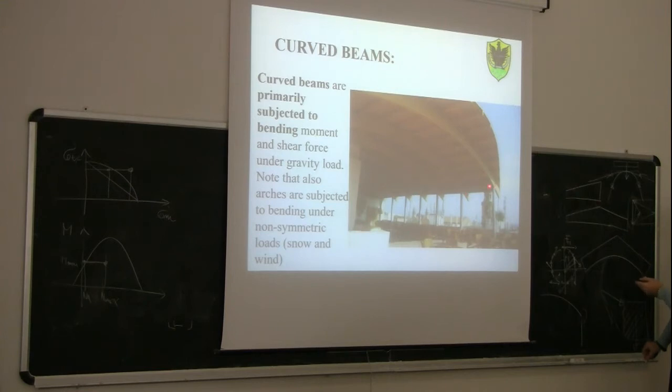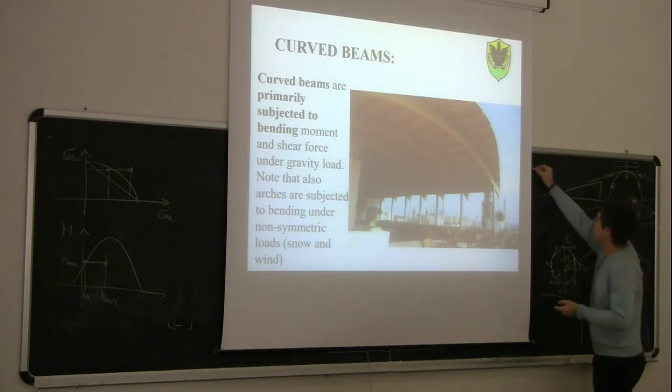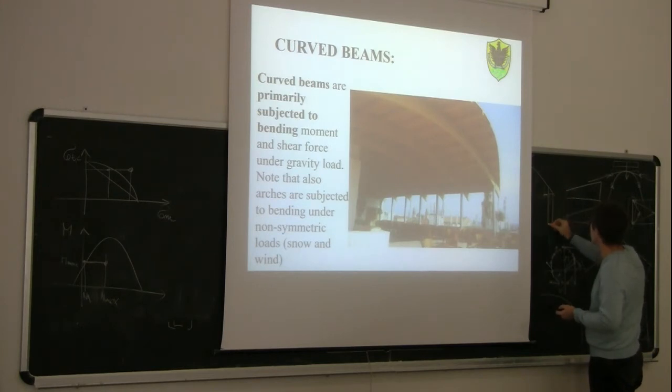If you look here, is this connection able to transfer a bending moment? What do you think? Now we can't see the detail, but you can see that there is an arch going down this way, then here there is something like this, and then here there is the column.